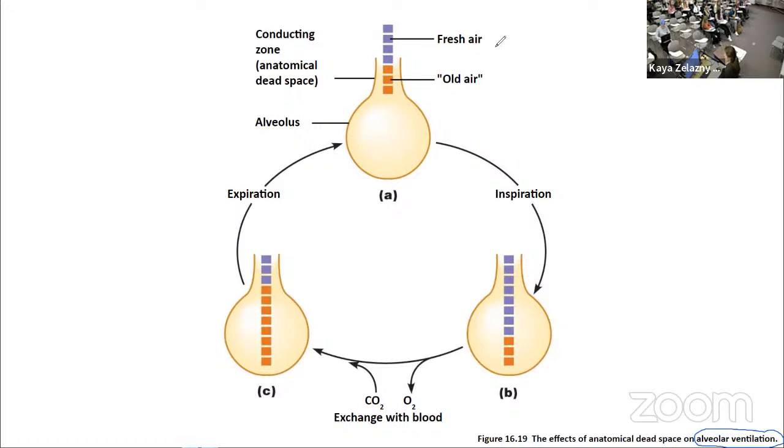So we're going to step through, and in terms of this diagram, we're going to think about this little neck as representing our conducting zone. And then we're going to think about this round ball as our alveolus, so our respiratory zone, essentially. Okay. So we're going to step through.